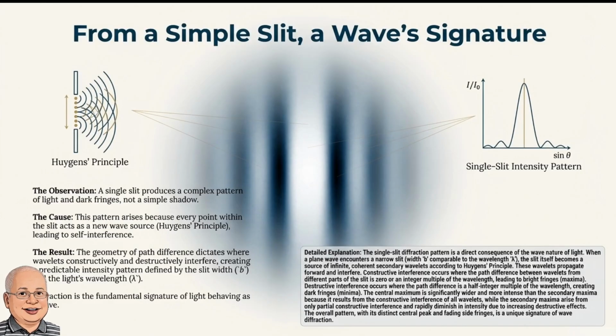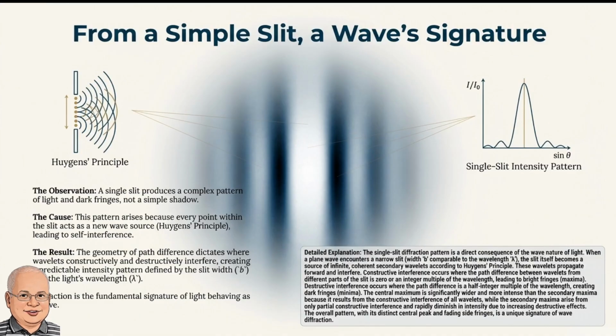From a simple slit, a wave signature. We are trying to summarize everything now. What we have observed: a single slit produces a complex pattern of light and dark fringes, not a simple shadow. The pattern arises because every point within the slit acts as a new wave source based on Huygens principle, which leads to self-interference.